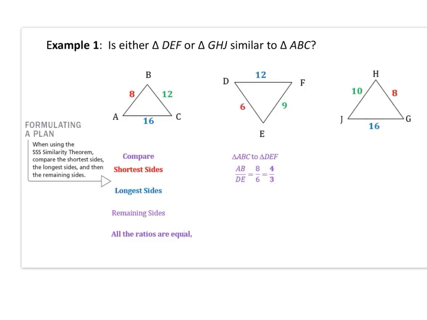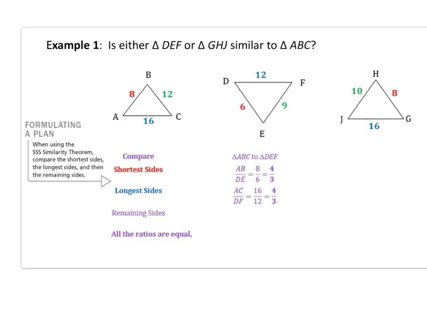And because I have them both color-coded for red, shortest side lengths, I have 8 divided by 6 simplified to 4/3. Next, I will compare my longest sides. So that's length of AC compared to length of DF. Substitute the side lengths, so 16 and 12, which reduces to 4/3. So far, my shortest and longest sides have the same proportion.